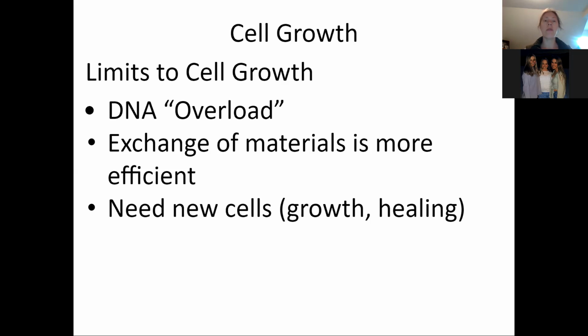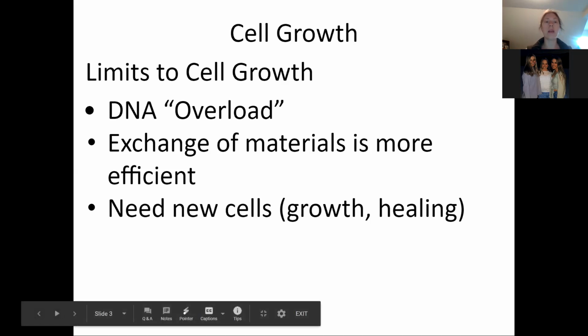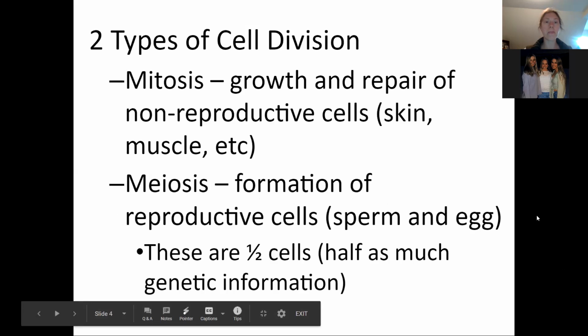So think of getting enough food in and throughout the entire cell as it gets larger becomes kind of difficult. And then getting waste out in the same manner. So if you've got waste accumulating in a really large cell, it's harder to get that waste out efficiently as the cell gets bigger. So it's easier if we divide that cell in half and create two smaller cells.